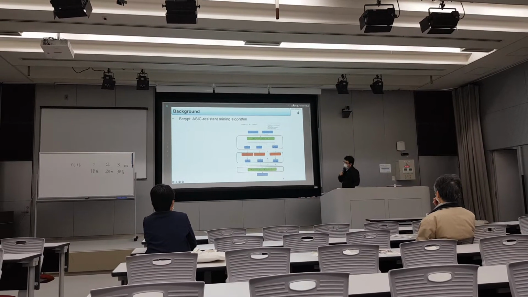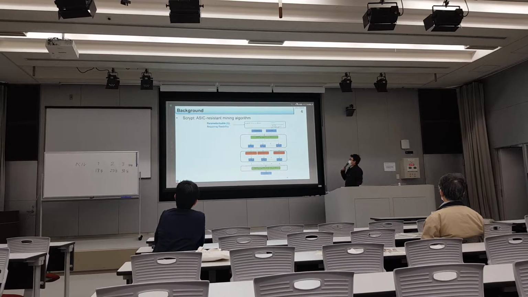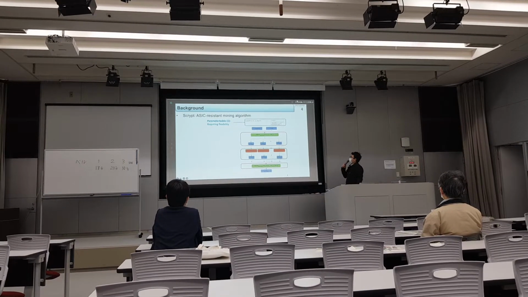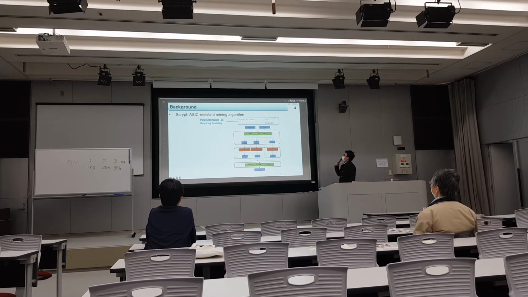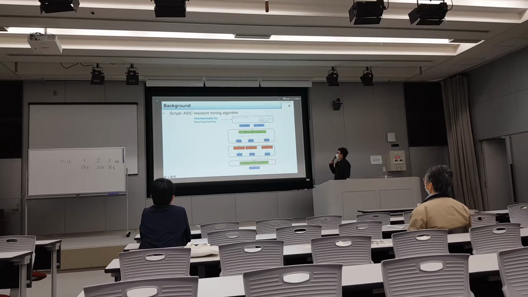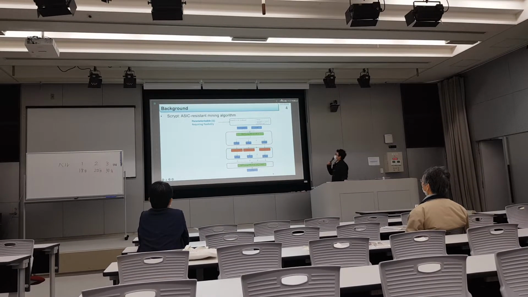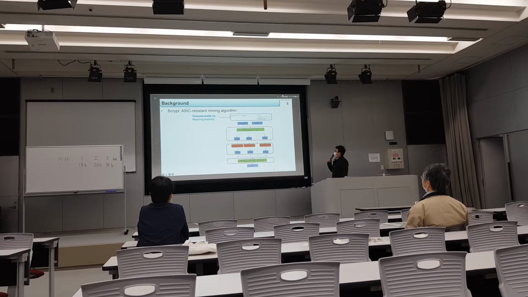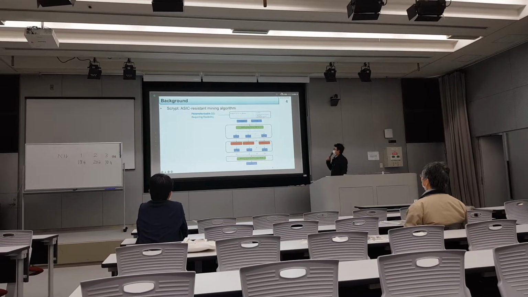In this Scrypt algorithm, we have parameterizability. The miner can control how much memory is used in the algorithm and how many loops in the main step of the algorithm.